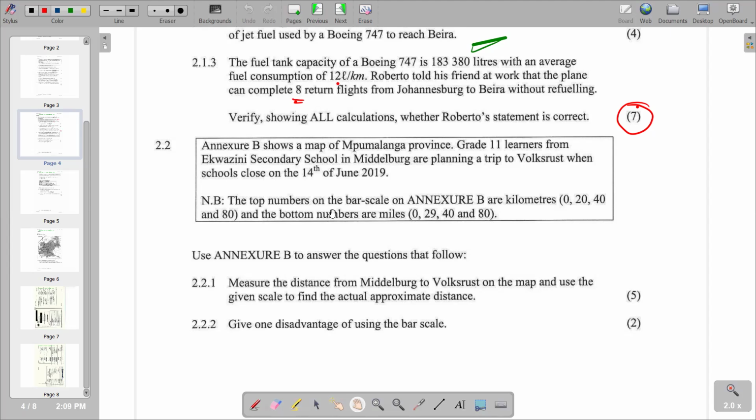The top numbers on the bar scale on Annexure B are kilometers 0, 20, 40, and 80. And the bottom numbers are miles 0, 20, 40, and 80. Use Annexure B to answer the questions that follow. Measure the distance from Middelburg to Volksrust on the map and use the given scale to find the actual approximate distance. So with that now, we can refer to our annexure.